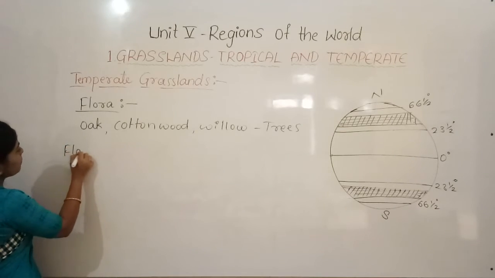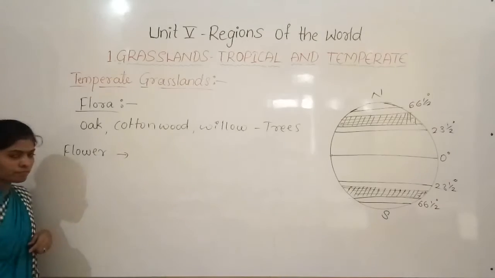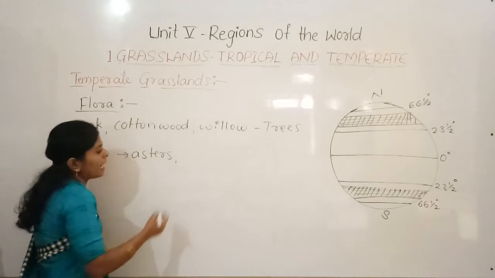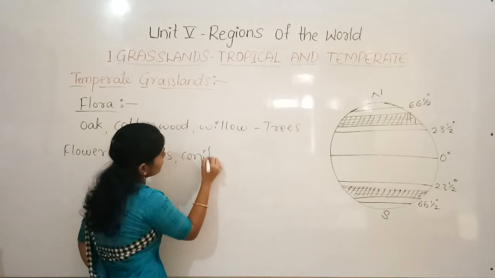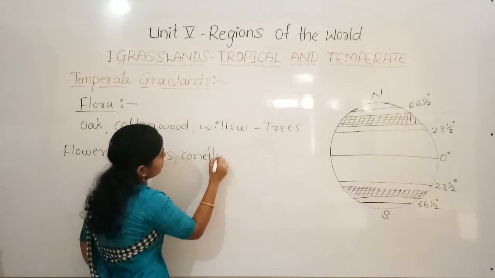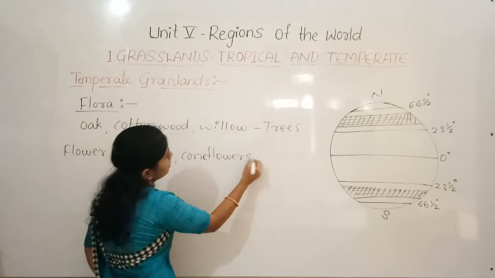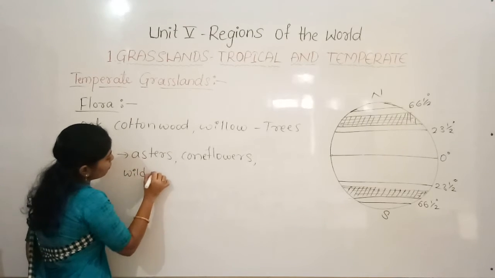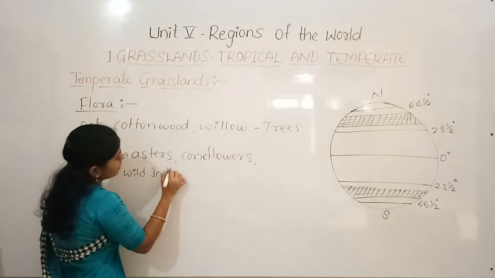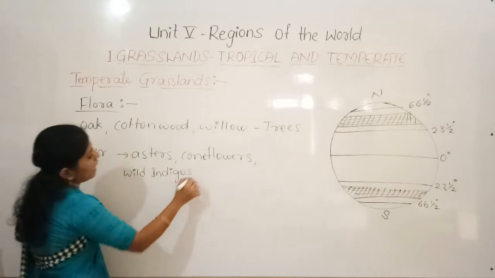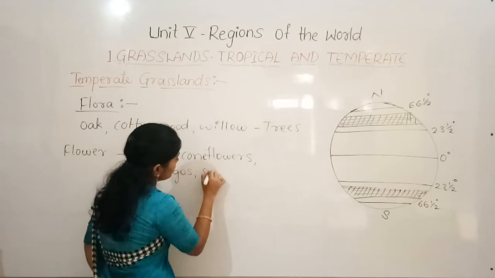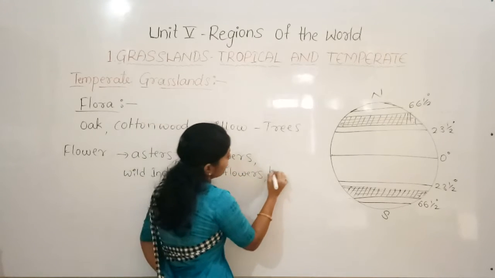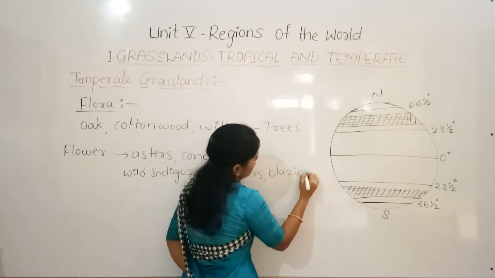So the flowering plants which we can see here are the asters and the coneflowers, coneflowers and wild indigos and the sunflowers and blazing stars.